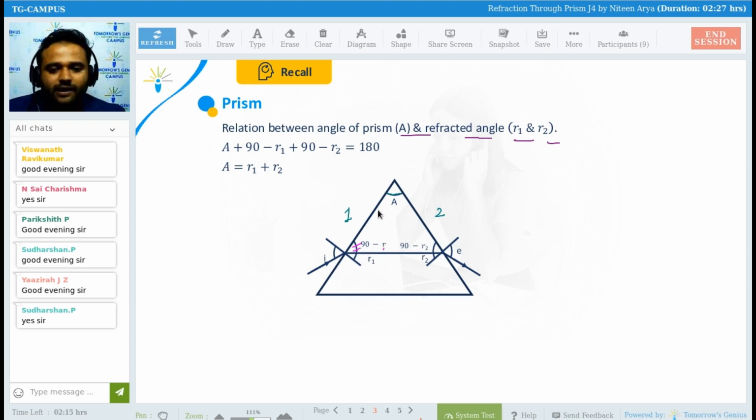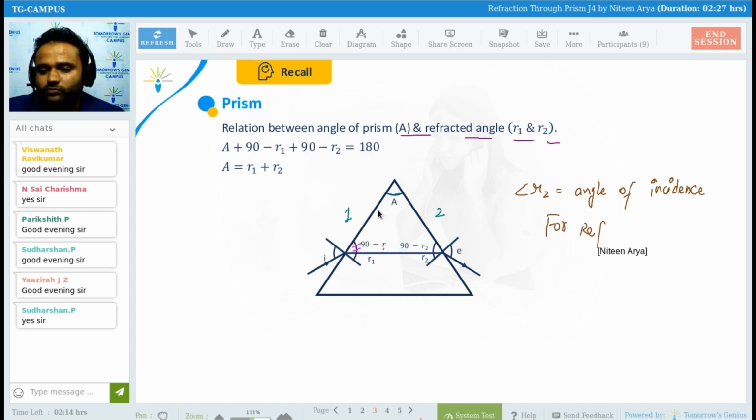In the same sense, this angle R2 is the angle of incidence for refracting surface 2. Is this clear, everyone?